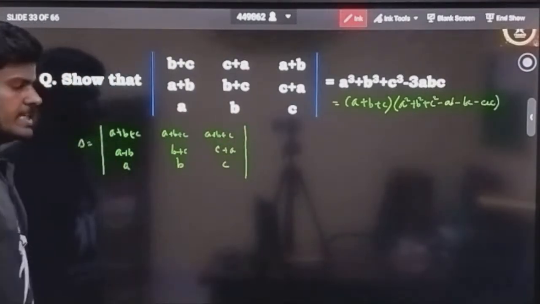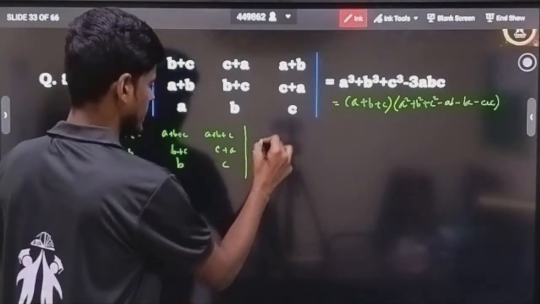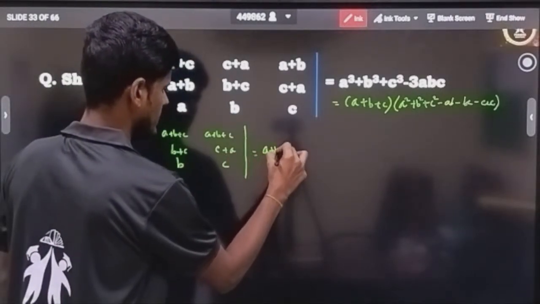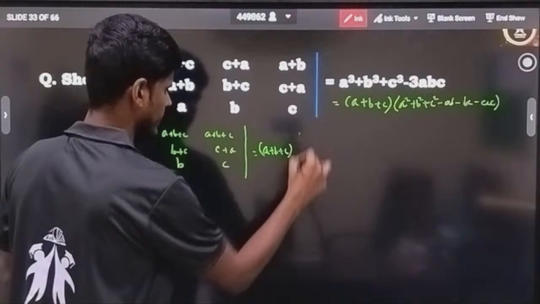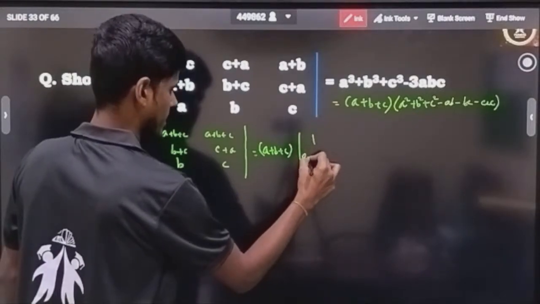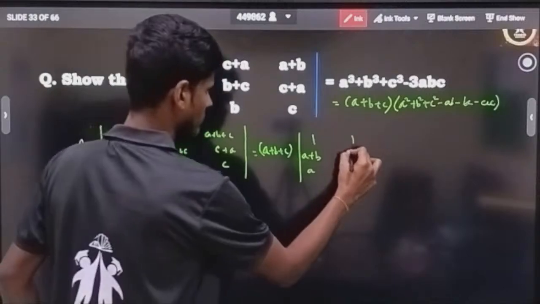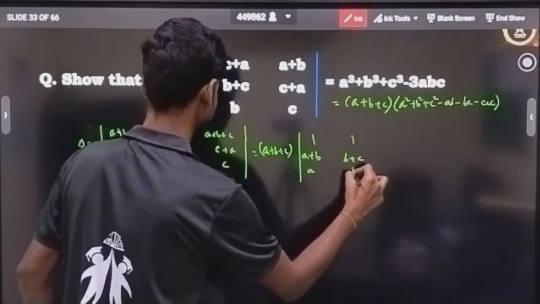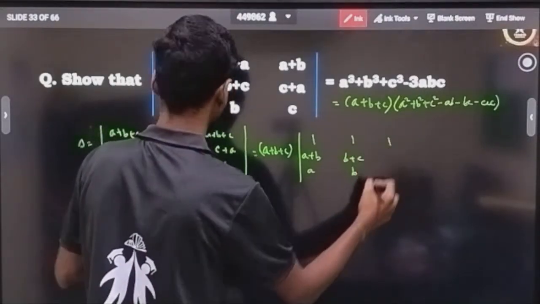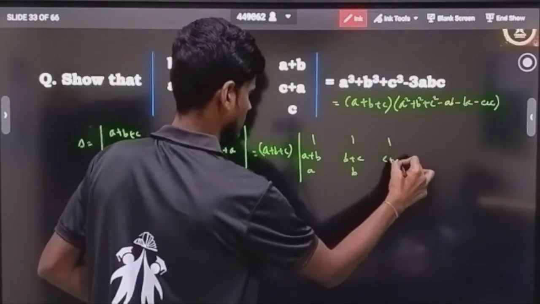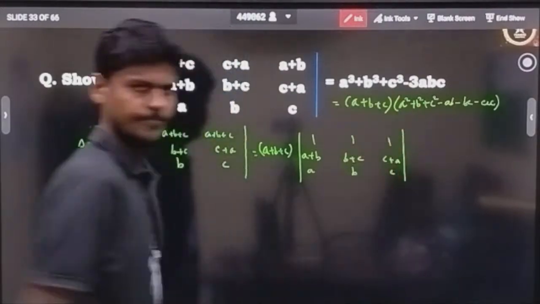Now a plus b plus c is common, we can take it outside, a plus b plus c into, write the remaining, 1 a plus b, a, 1 b plus c, b, 1 c plus a, c.